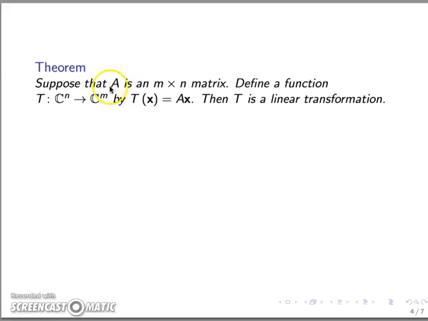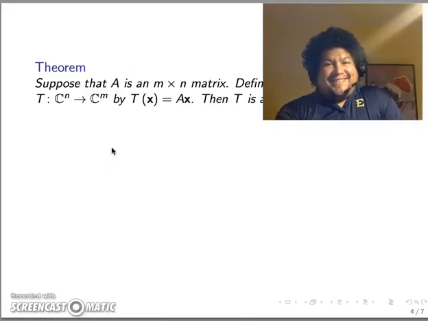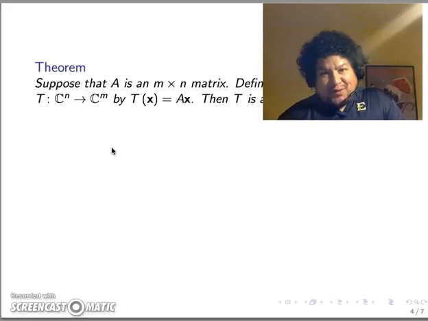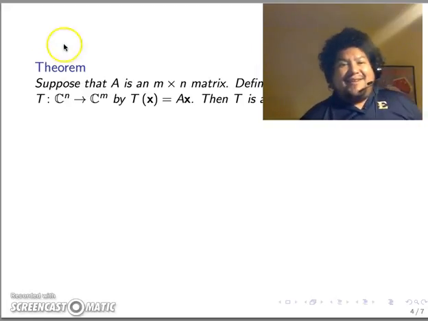So we're given a matrix, then we can define by matrix vector product a linear transformation. But is this going to do it? It's not too difficult to verify that this is indeed a linear transformation, which is what we want to verify.